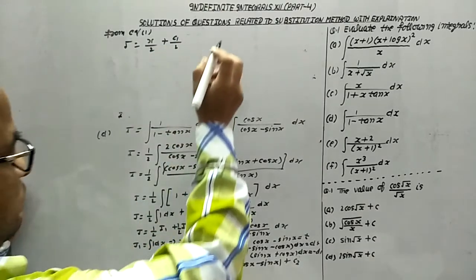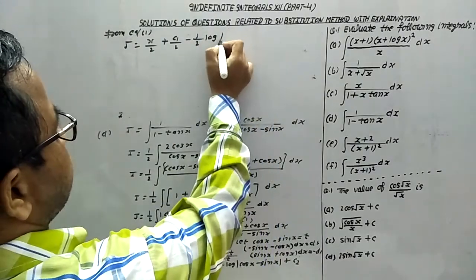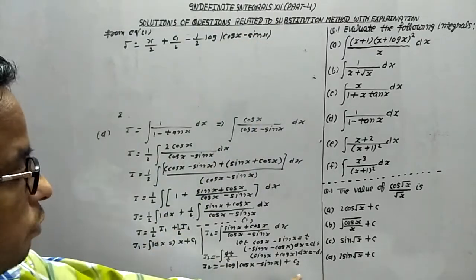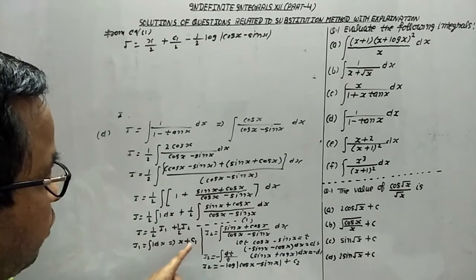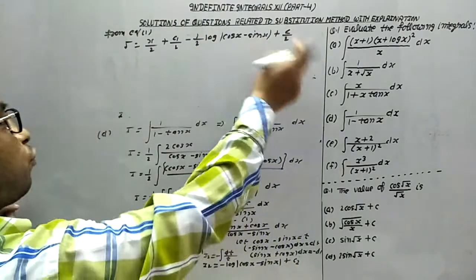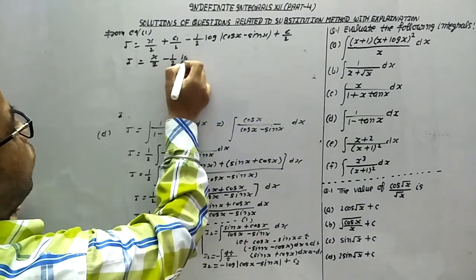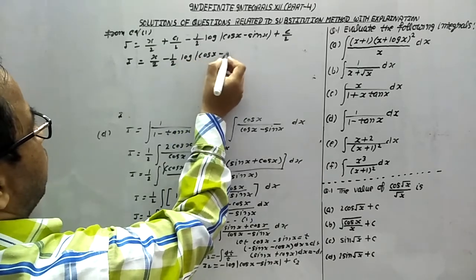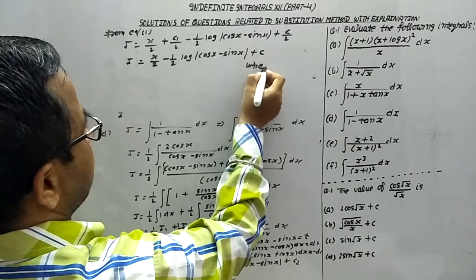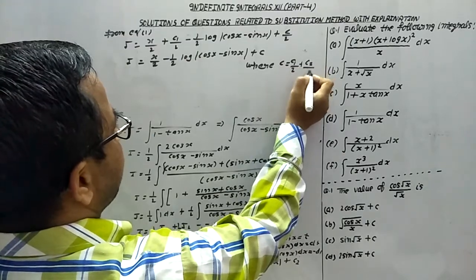Then I2 is minus 1 upon 2 log of cos x minus sin x, and plus c2 upon 2. Now we will take this as a new constant. It means I is equal to x upon 2 minus 1 upon 2 log cos x minus sin x plus c, where c is equal to c1 upon 2 minus c2 upon 2.